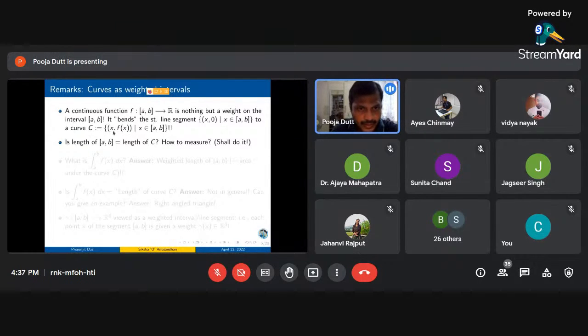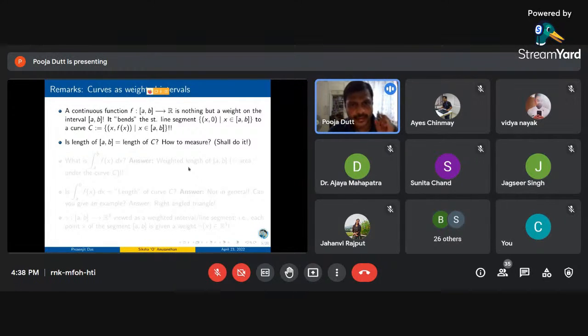That means the length of the curve x, f(x), where x is running between a to b. For that, we have to learn how to measure the length, which I'll be coming to. In general, we'll see that's not true. The length of the interval need not be the length of the curve. But around this question, lots of things are there to learn, and I'll be discussing this in detail.